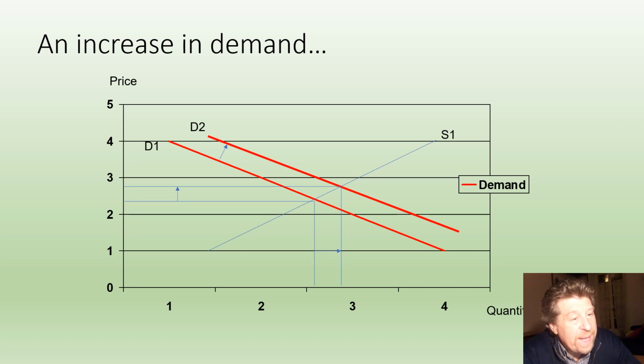And this will mean the equilibrium point has moved from the price of €2.25 and producing a bit more than 2.5 million to nearly €3, so €2.80 and maybe 2.8 million.